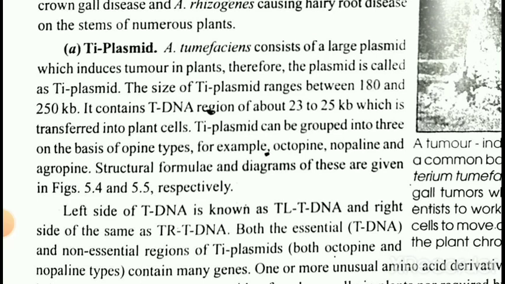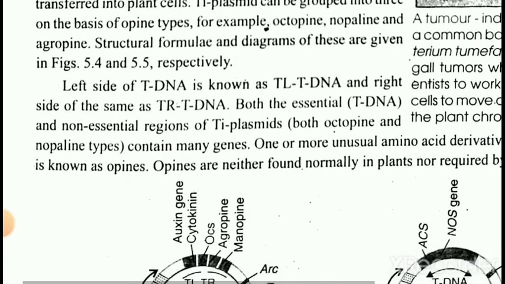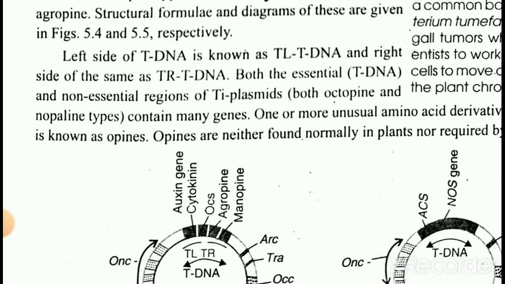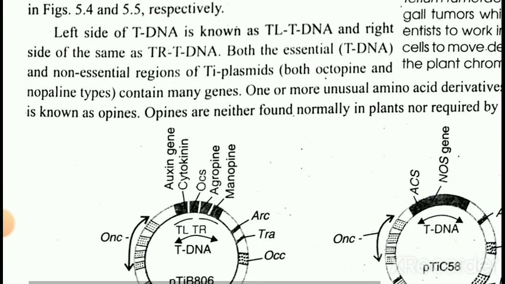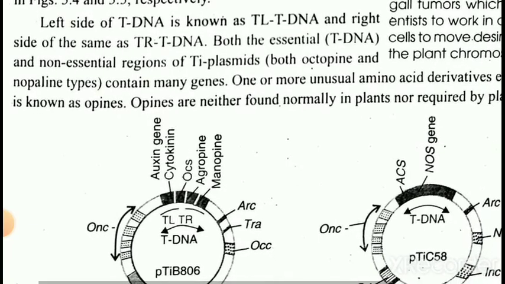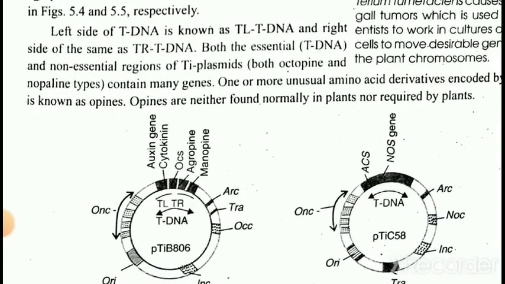Ti plasmids can be grouped into 3 on the basis of opine types, for example octopine, nopaline and agropine. Structural formulae and diagrams of these are given in Figs. 5.4 and 5.5, respectively. The left side of T-DNA is known as TL-DNA and the right side as TR-DNA.